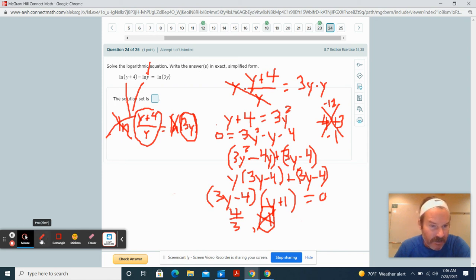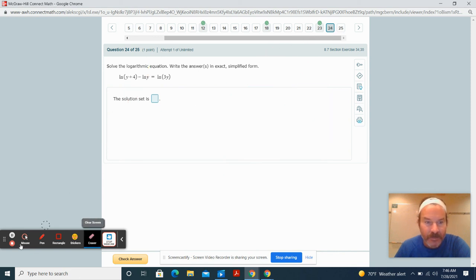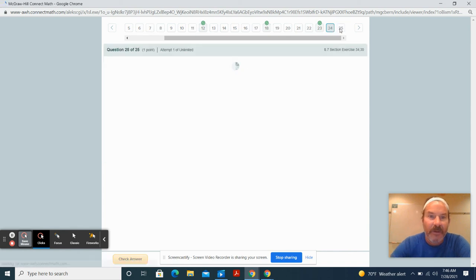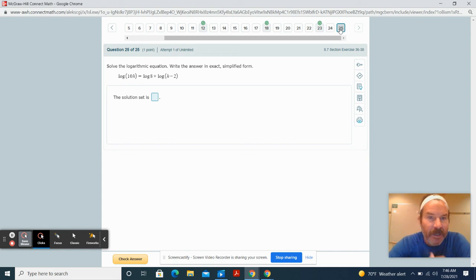Okay, last problem. Clear my screen. And this is problem number 25. Okay, so we have 3 logs and they are, well, there's 2 on one side and 1 on the other side.